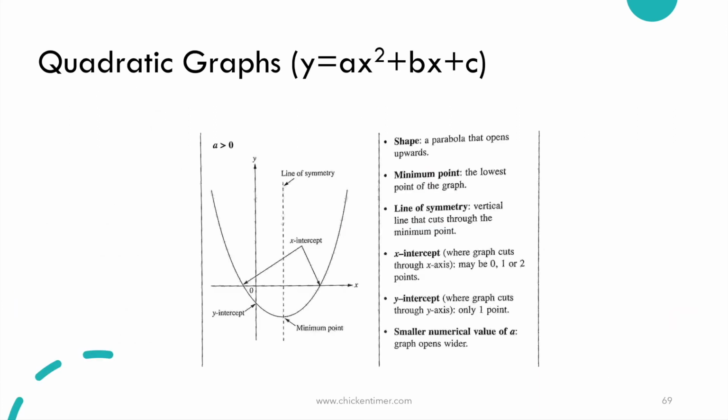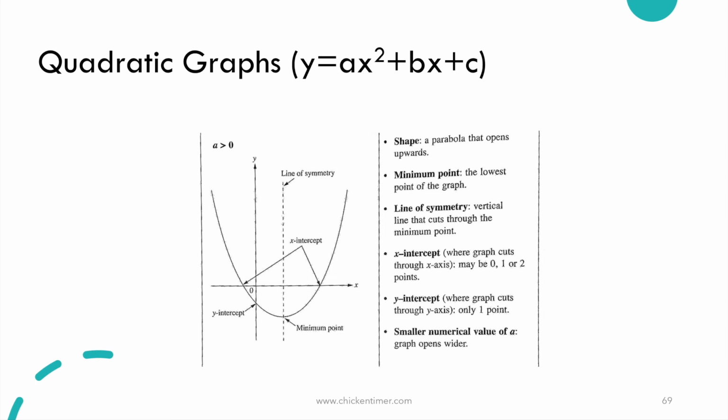If we go to prepare for the next question, we need to revise some curve sketching, graph drawing content. So we have quadratic graphs. They usually look something like this.